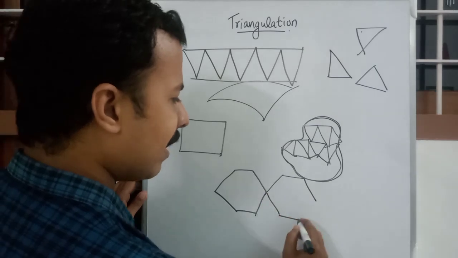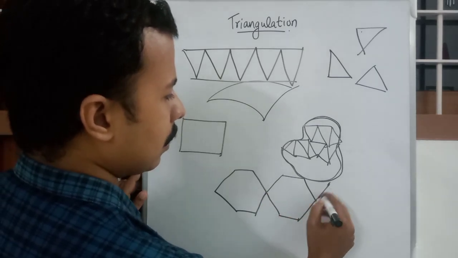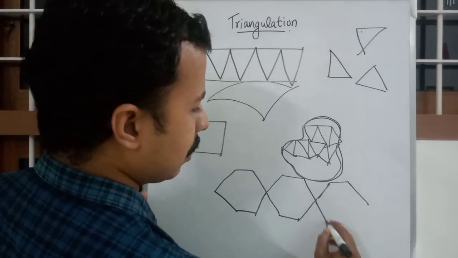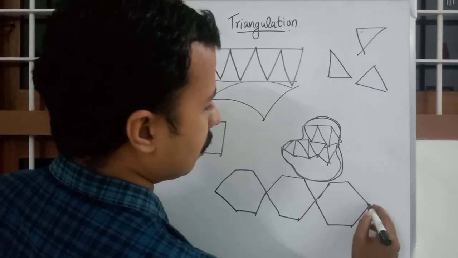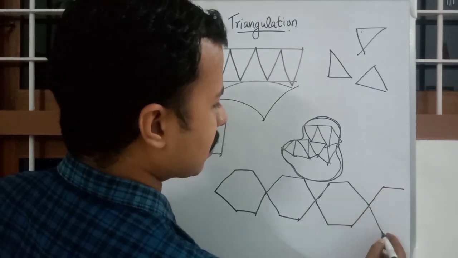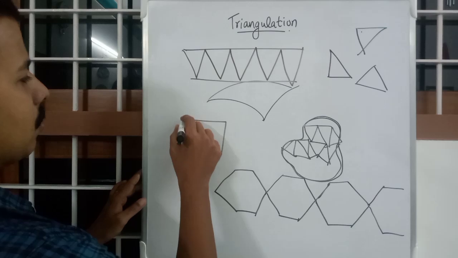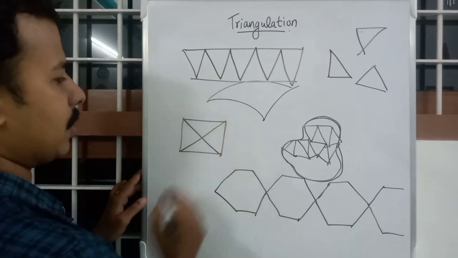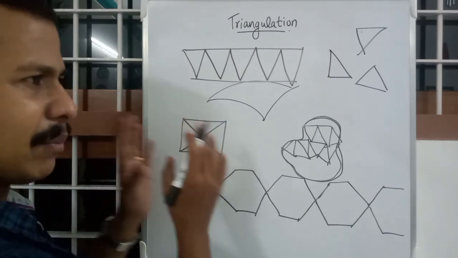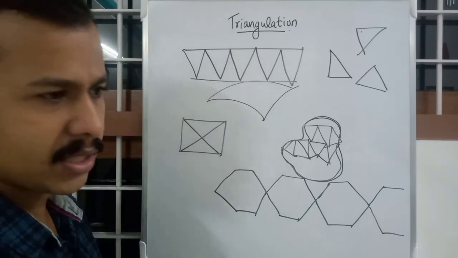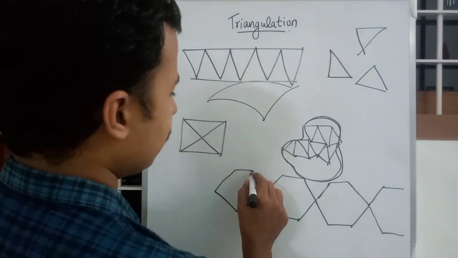Primarily they will all be divided into triangles, but in technical terms you can express them as hexagons or quadrilaterals, etc. As it is triangulation, they are primarily all triangles, but you can technically call them hexagons.